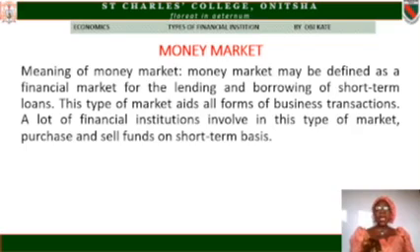But it does not mean that these are the only types of financial institutions. No. Remember that previously we have discussed other types of financial institutions. So we are now left with capital markets and the money market.